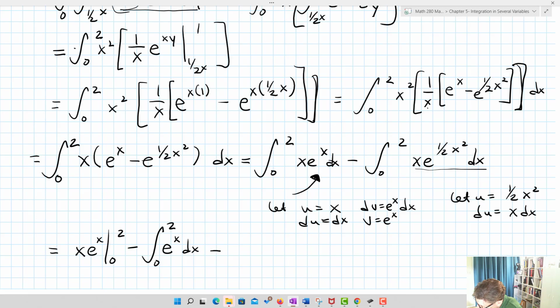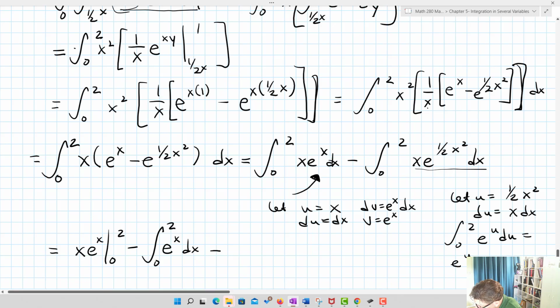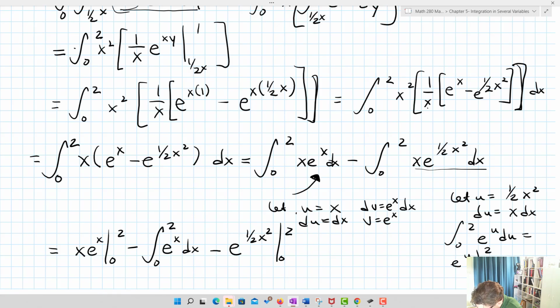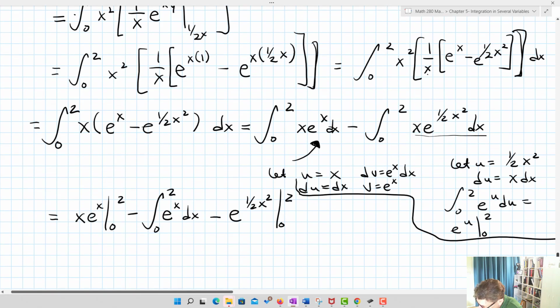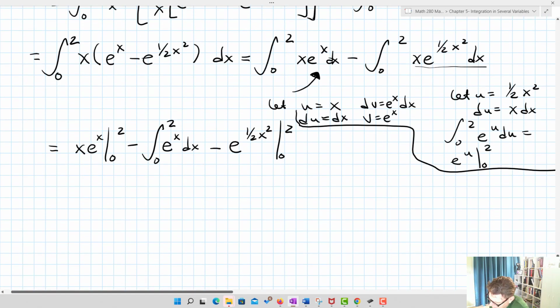So this is going to end up being the integral from 0 to 2 of e to the u du, which would just equal e to the u, evaluated from 0 to 2, which then would just be e to the 1/2 x squared, evaluated from 0 to 2. So just a little reminder about your integration there.